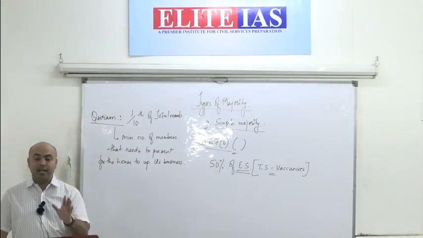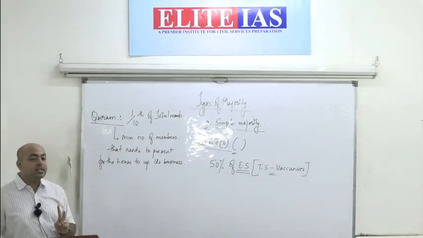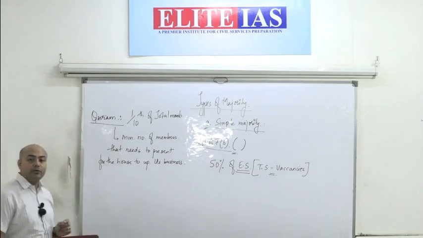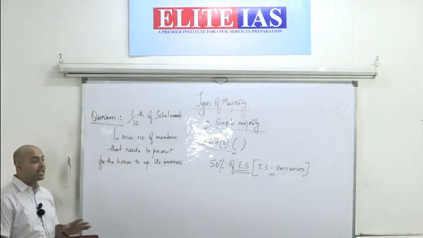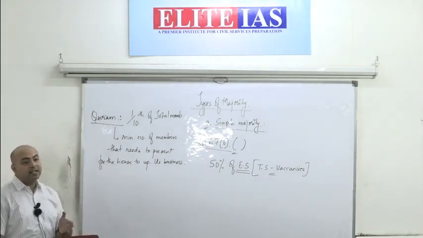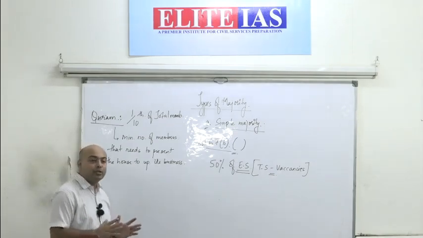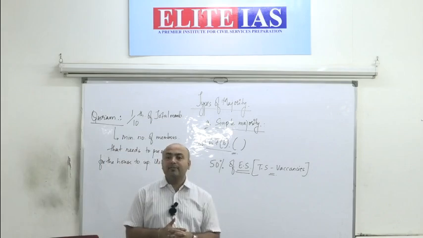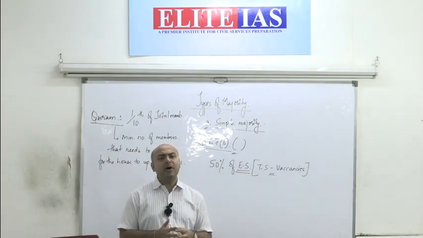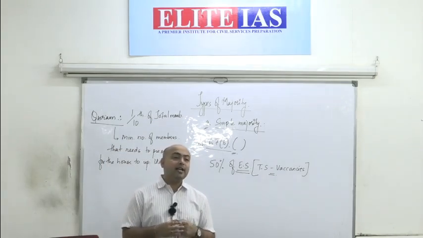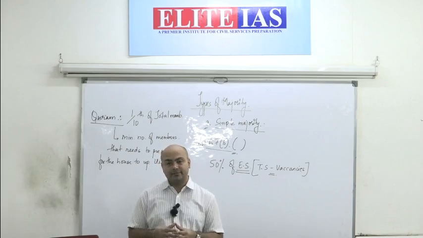is achieved. Two of those conditions that are mentioned in our constitution are Article 249 and Article 312. Article 249 has to do with something called the power of the parliament to legislate on state subject. What is it?